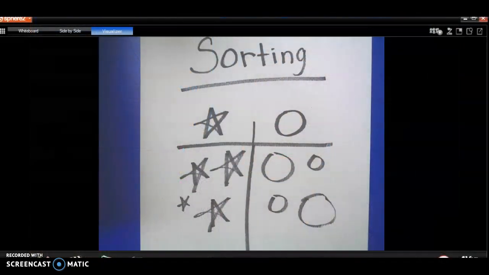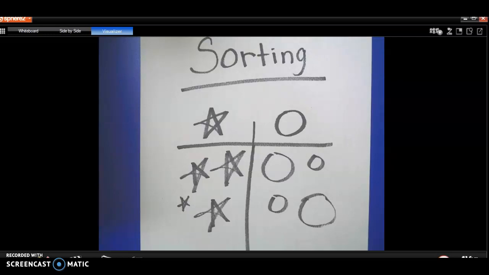So I'm going to go over what we just learned real quick. Okay, so today we continued to learn and practice how to sort. That's important because it helps you put things into groups, things that have something in common. It depends on what they're asking you for.